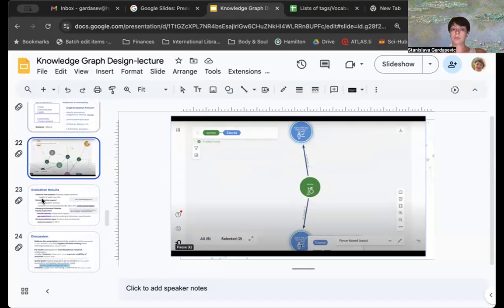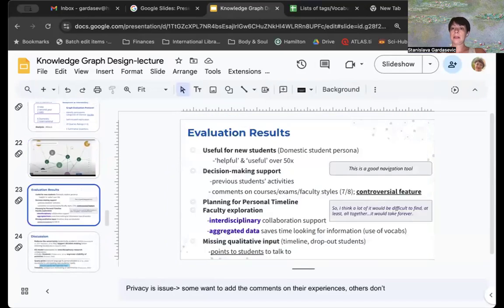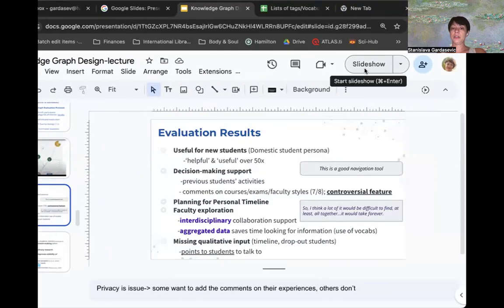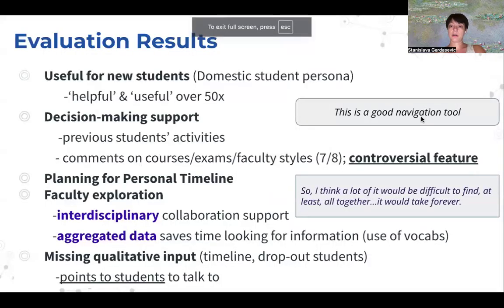There was a lot more going on there, but just to give you an idea of how this graph exploration looks like. And then evaluation results show that this tool was very useful, especially for new students.